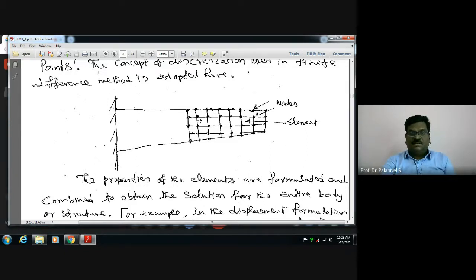So the stiffness matrix of each element into the nodal displacement vector is equal to the force vector, thus forming the equilibrium equations. For the entire structure, you have to assemble them so as to get the global stiffness matrix into the global displacement vector is equal to the global force vector. The force vector will be known to you because it is whatever force acts on the structure.